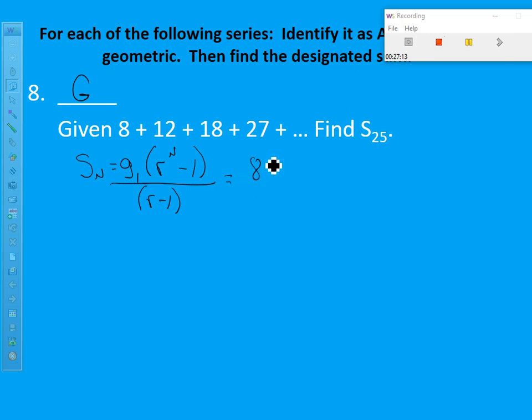So I've got 8. Now once again, I need my r value. So I'm going to take 12 divided by 8 and get 1.5. 12 divided by 8 is 1.5. So my r value is 1.5 to the 25th minus 1, all over parenthesis 1.5 minus 1.